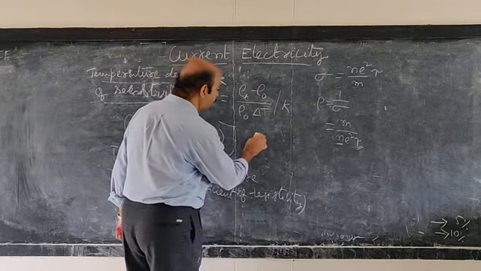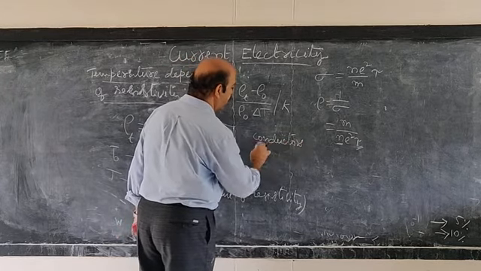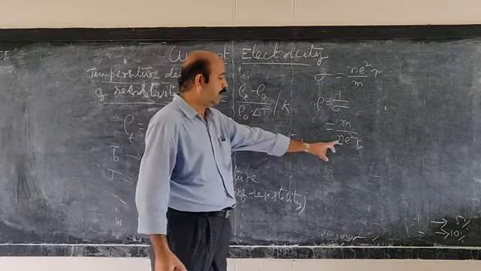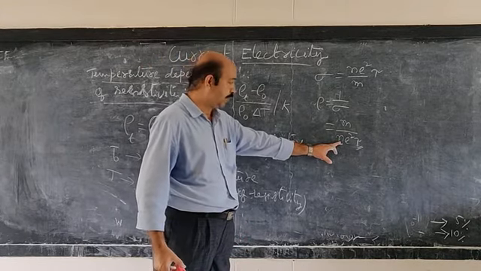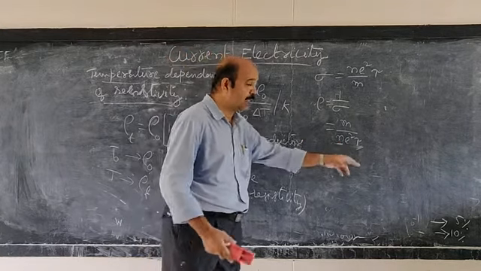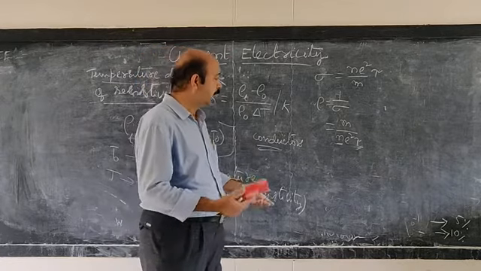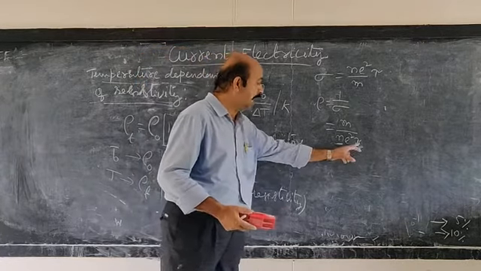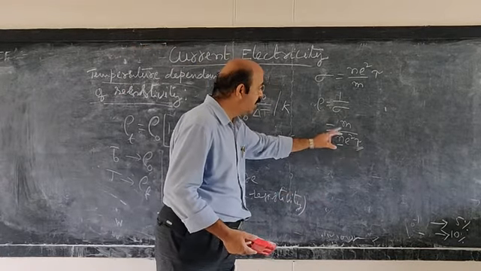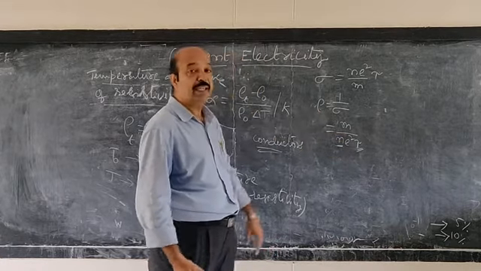Now, in the case of good conductors, what happens? With increasing temperature, since they already have free charge carriers, their number will not change much. But the collisions become more rapid. So as the collision rate increases, the average time of collision decreases. Since this tau decreases, and m and e are constant, the value of rho increases.